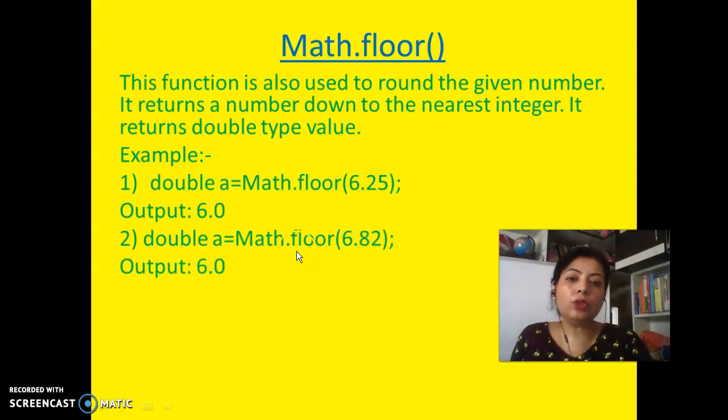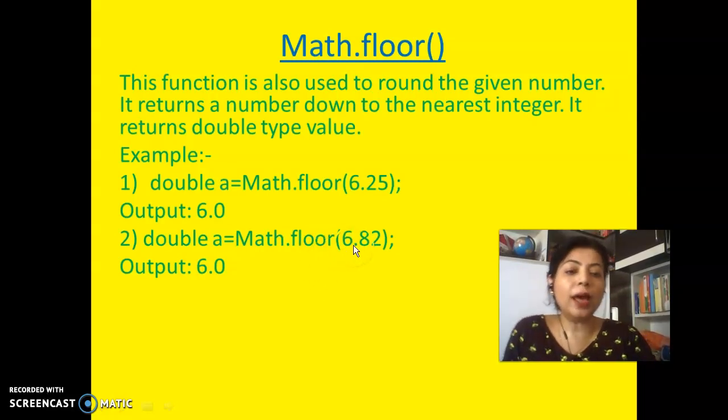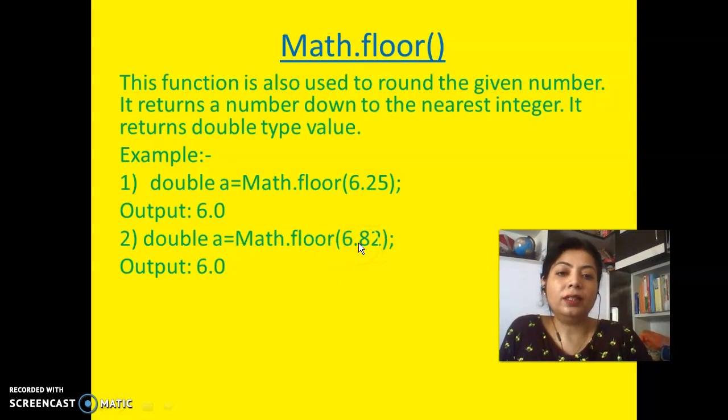Why? Think about floor: floor is always below. Floor and ceiling. So floor is always below. That's why if after the point there is 0.5 or more, you still don't increase its value.